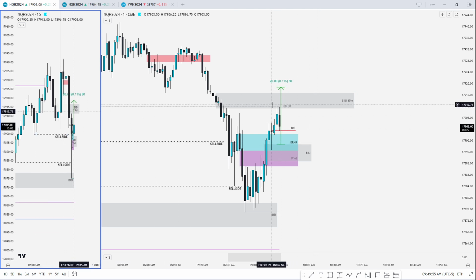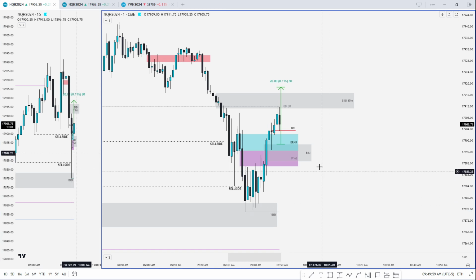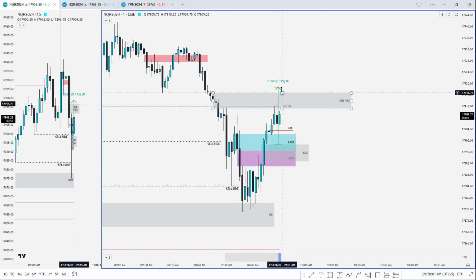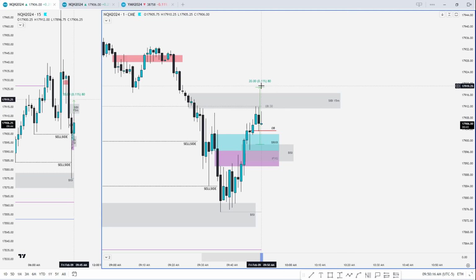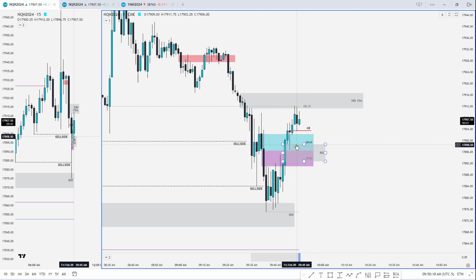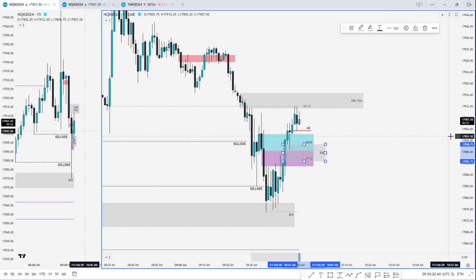So right up to the 15-minute gap. Let's see. Holds the order block nicely. That is your 15-minute unicorn, correct? 5-minute up to the gap as well with respect to this. So we got 20 points off of it, or we got 10 points off of it. Up to the 15-minute gap.